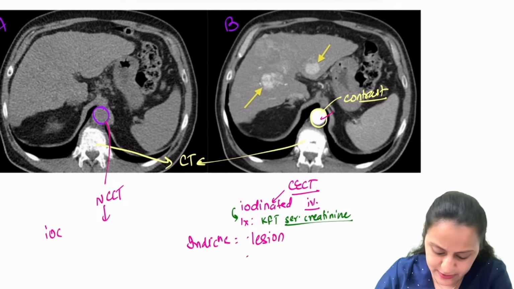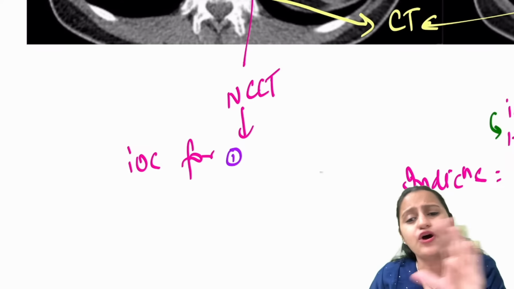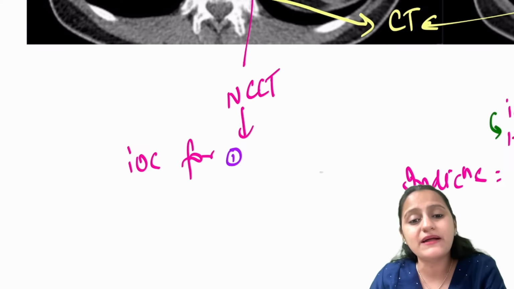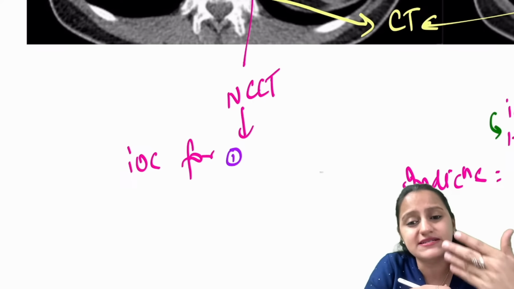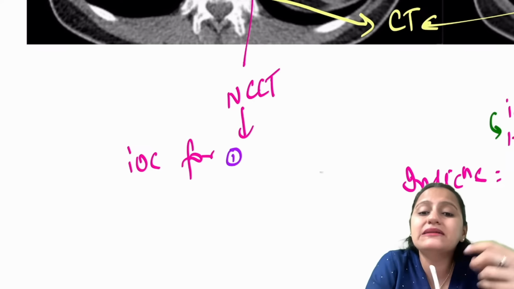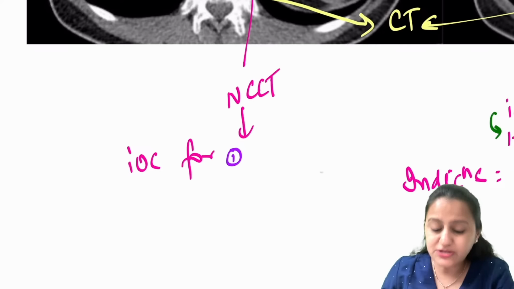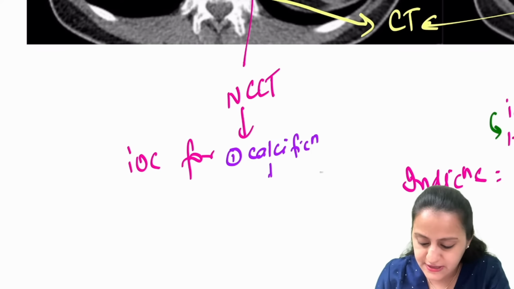Non-contrast CT is the investigation of choice for, this is again a favorite for your exam, non-contrast CT is enough for what pathologies? See, if something is already white on non-contrast CT, there's no need of giving contrast, because contrast basically is helping it appear white. What is already white on non-contrast CT is calcification. So remember urinary tract calculi.